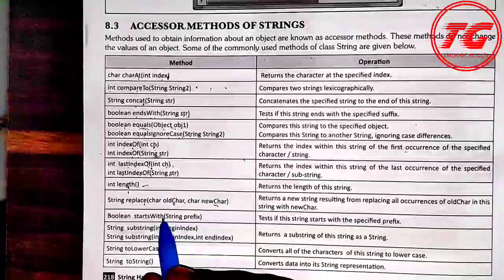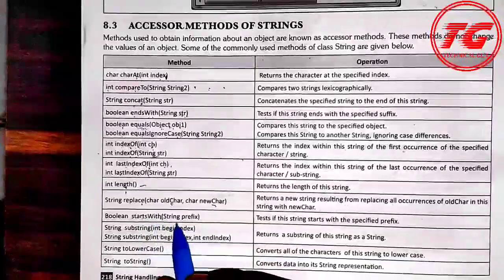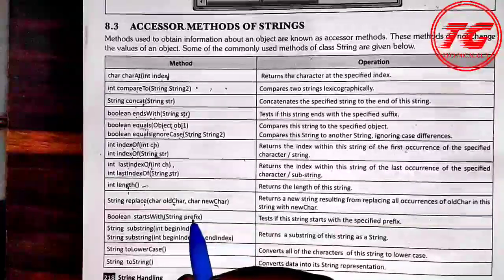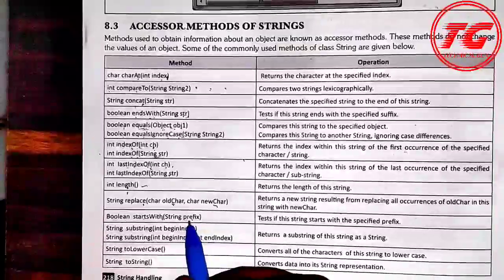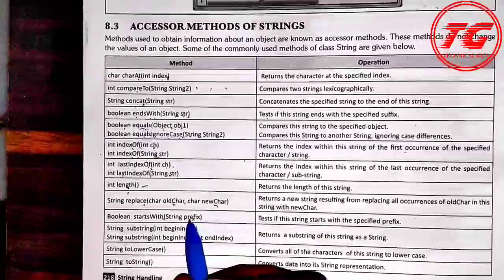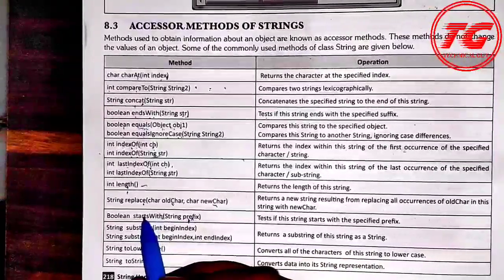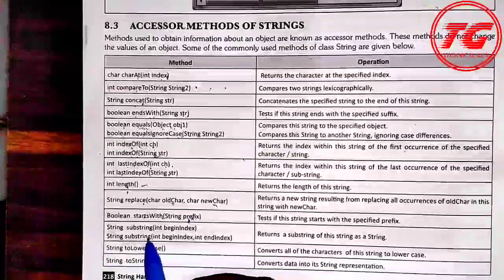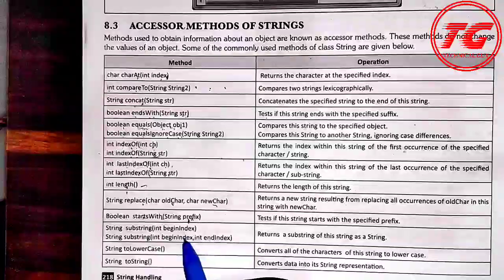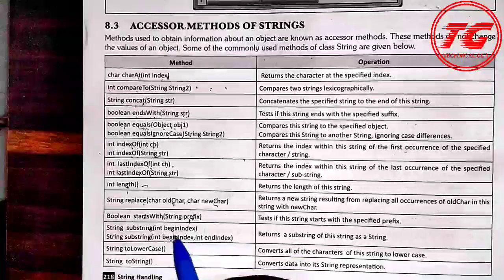Then we have the startsWith method, and this is used to check whether the string starts with this prefix or not. If the string starts with this prefix or this string, then it will return true, otherwise it will return false. Next we have the substring method, and the substring method can be used in two ways.